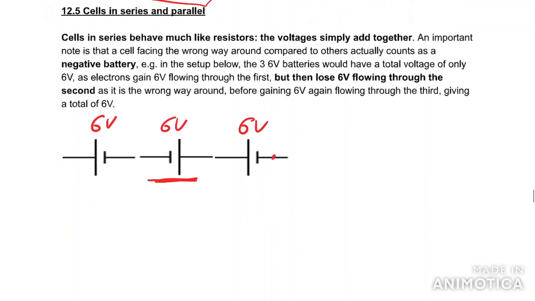If you imagine an electron going through, it's going to get +6 here, but then it has to fight through this battery, and when it fights through, it ends up losing 6 units of energy. Then it gets through and gets to here, and it gets another +6. So the total voltage of this setup would just be 6 volts because one of them is the wrong way around. So just be aware, if the battery is the wrong way around, it means that you lose energy, you don't gain it.